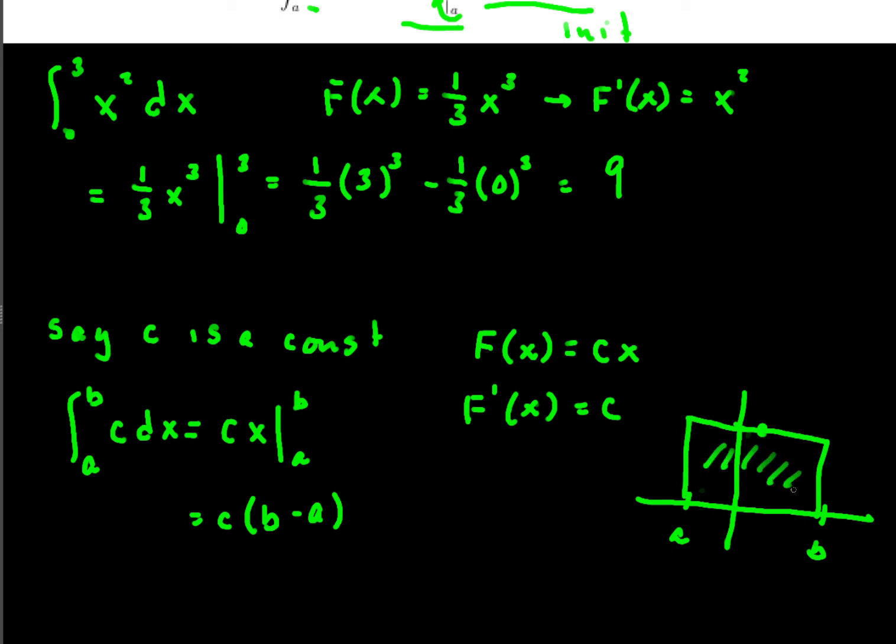That area is a rectangle with length b minus a and height c, so its area would be c times b minus a, which we know. But the fundamental theorem of calculus confirms that as well. So in the next video, I'll work out a few more exercises, and then we'll finally prove the fundamental theorem of calculus.